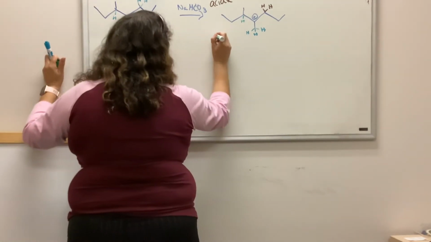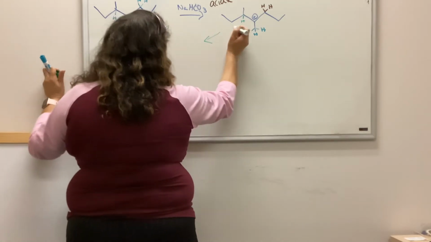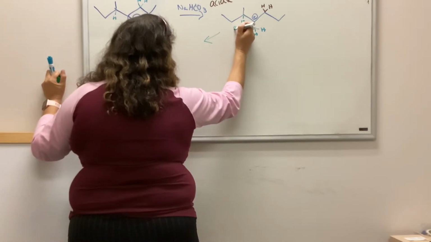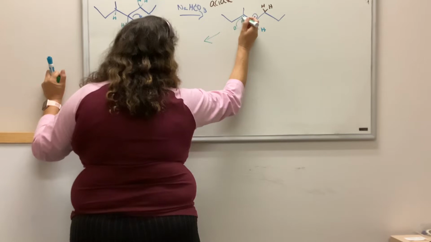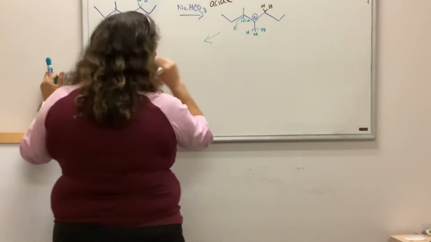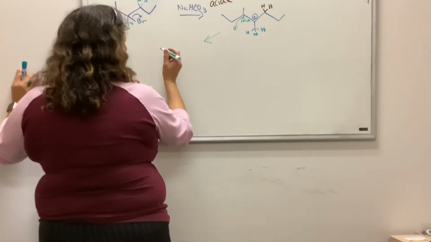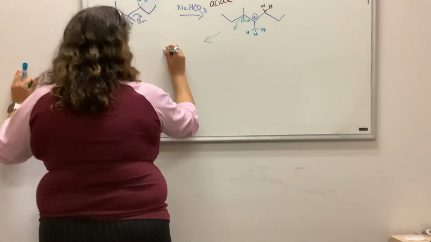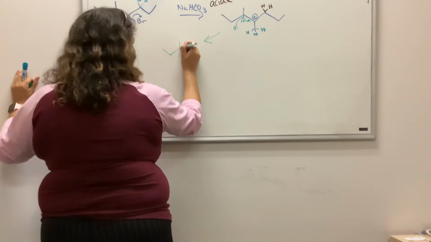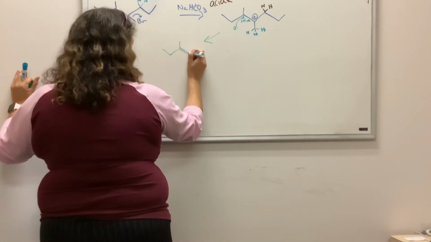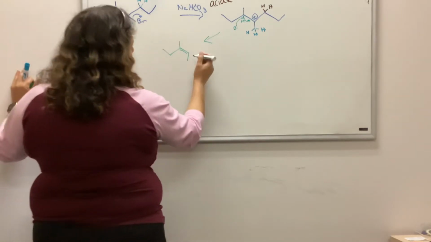Let's first take the green scenario. The green scenario, the base comes in, takes off this hydrogen, and we make the alkene where my carbocation was.